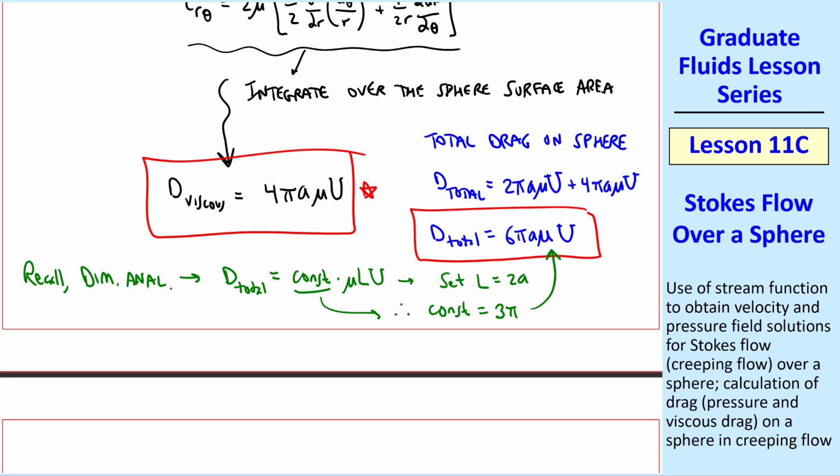This confirms our dimensional analysis results, where we got this exact expression, except we didn't know the constant. Going through all the algebra and integration, we're able to find that constant. The bottom line is that this is the total drag on a sphere in creeping flow. And as a final comment, I'll show a clip from a famous movie by a famous character.